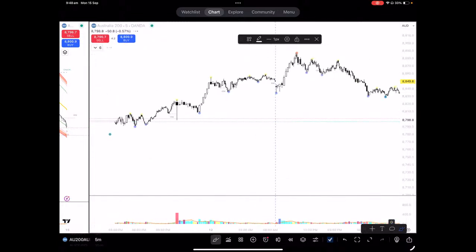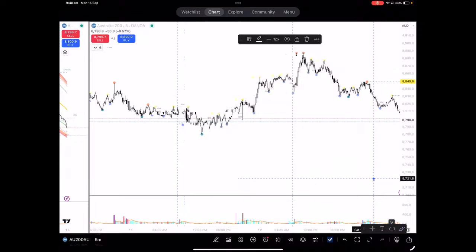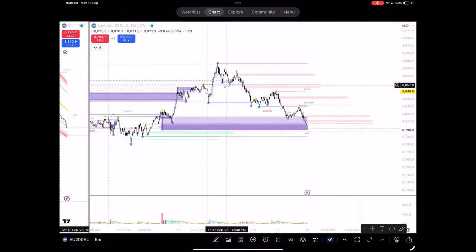Let's look at the 5-minute time frame. Here at 5 minutes, I again see that there is liquidity below at this level.